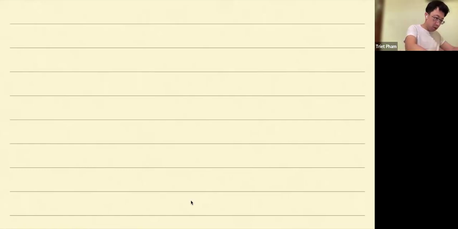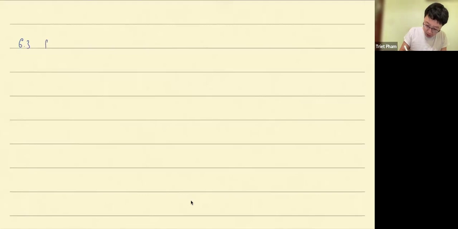Section 6.3, sums of independent random variables.